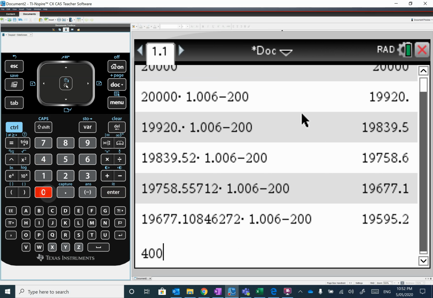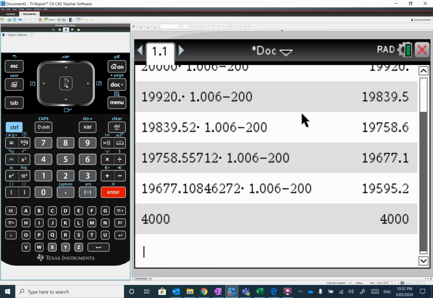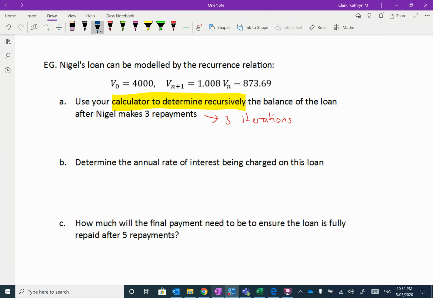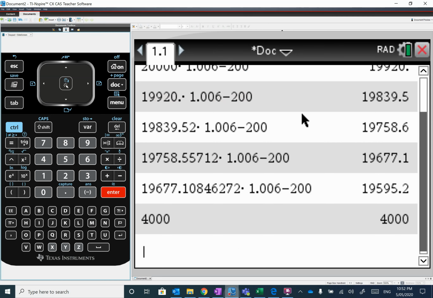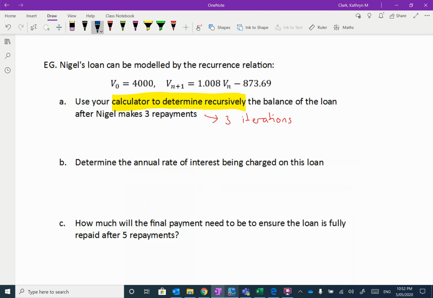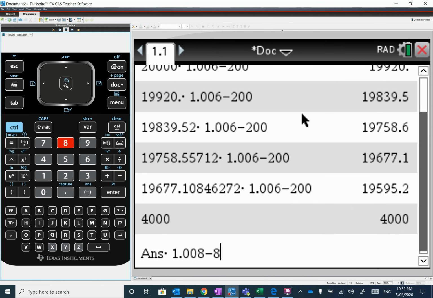It's important that you press enter first before you start telling the calculator what it is that you want it to do. So for this one, we want to times it by 1.008 and then take 873.69.